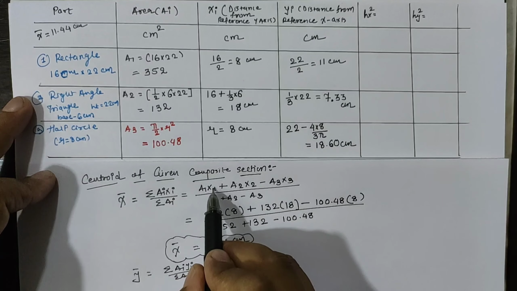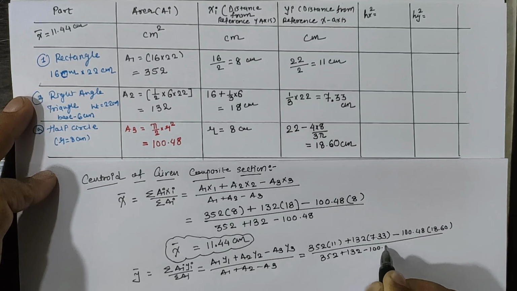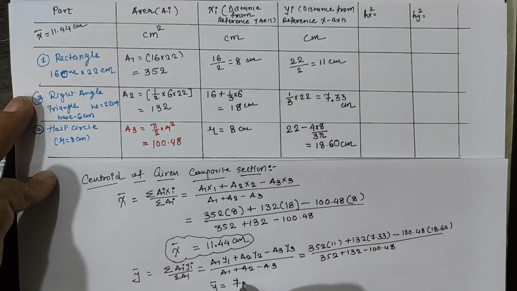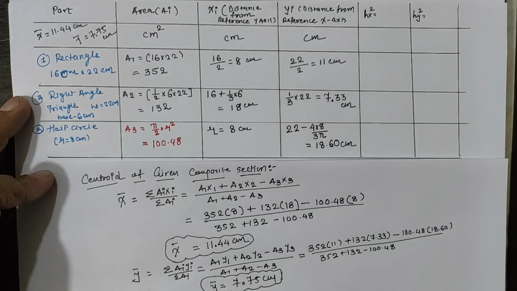So taking all the values from the tabular form in this term, we have y bar equal to 7.75 centimeter. So our x bar is 11.44 centimeter while y bar is 7.75 centimeter. So from the tabular form we can calculate the value of CG with respect to the reference y axis and reference x axis.